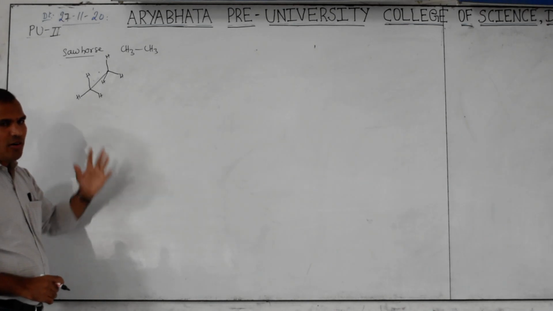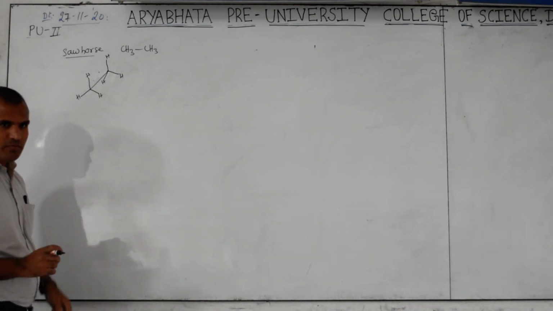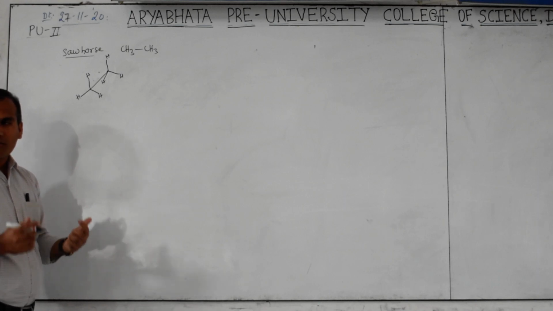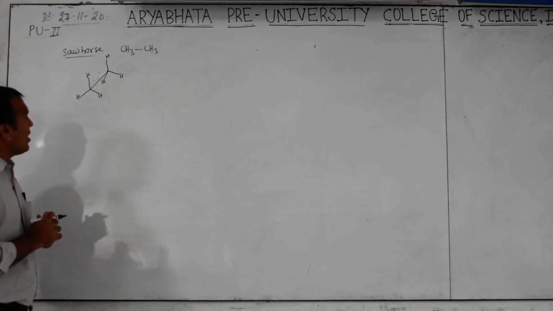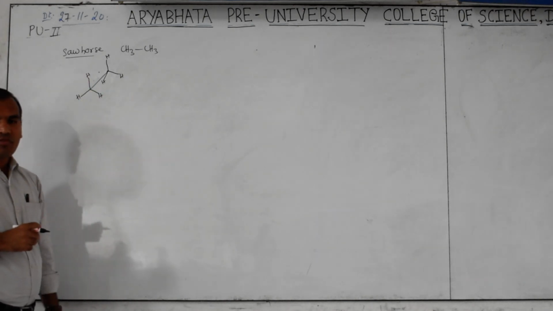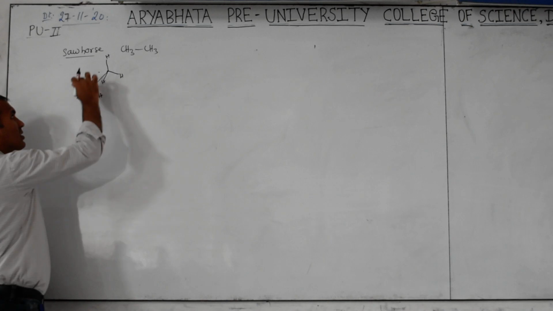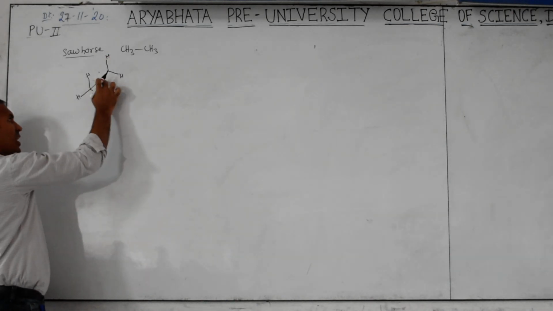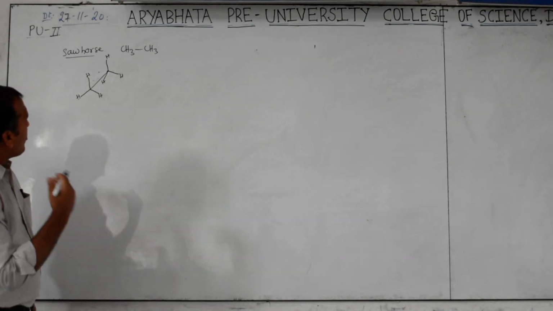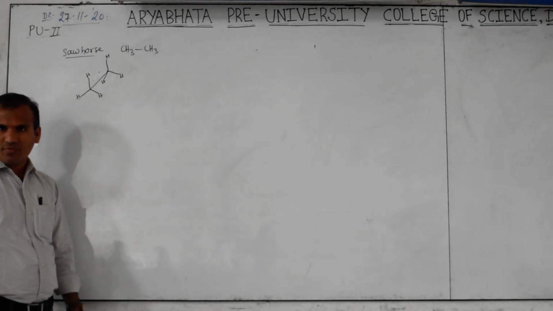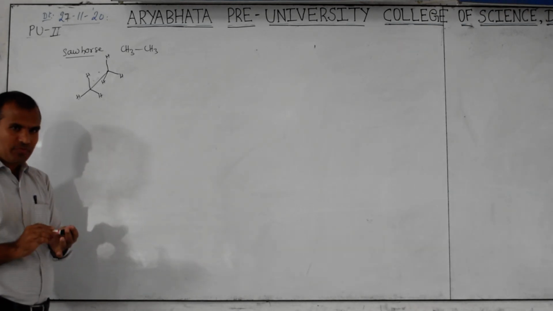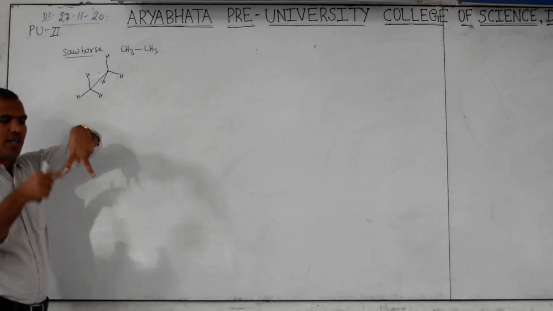Now tell me, which form is this? Eclipsed or staggered? Eclipsed. Then how are we identifying? Directly they are telling it is eclipsed. But what is the reason to say this is eclipsed? This angle is 0. This angle is 0. This angle is 0. By looking, I am not identifying it. So take the two Y-shaped molecule. Two Y's like this.